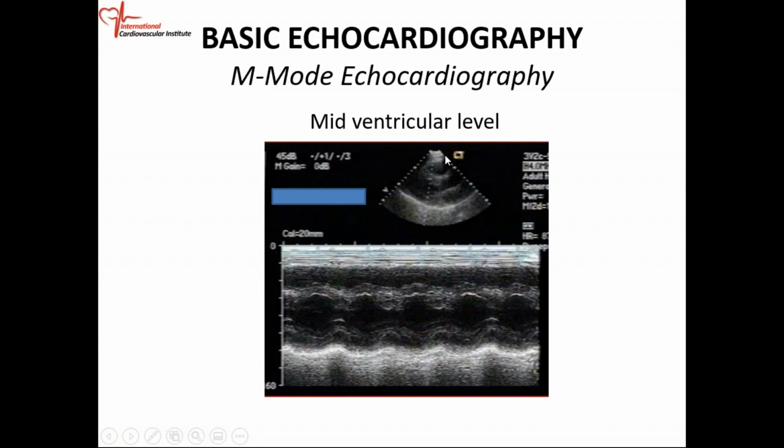So it encounters the chest wall, the pericardium, the RV wall, then it goes through a portion of the RV cavity, then it comes to the ventricular septum, then it crosses the ventricular cavity, and you have the posterior wall right there. Okay, so these are the same structures that you're going to look at.